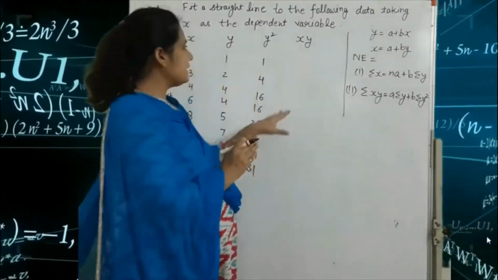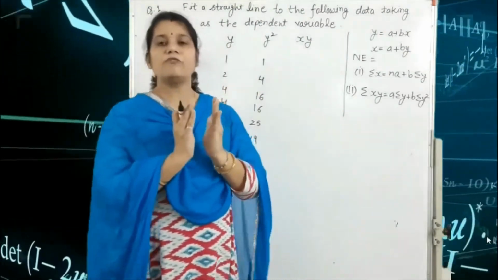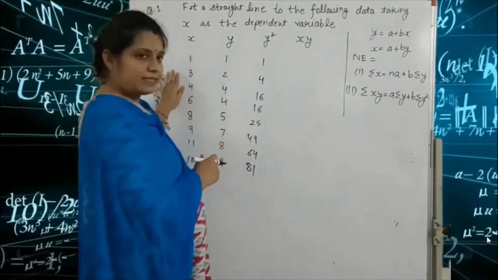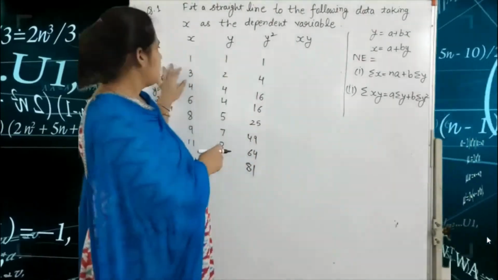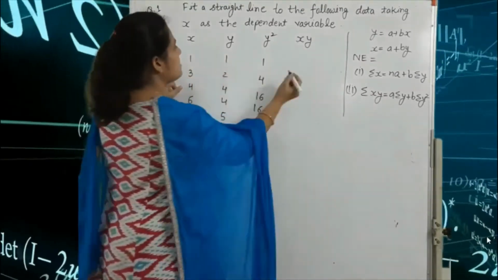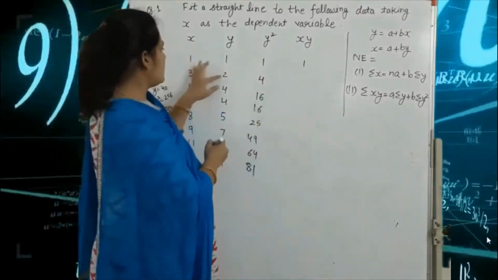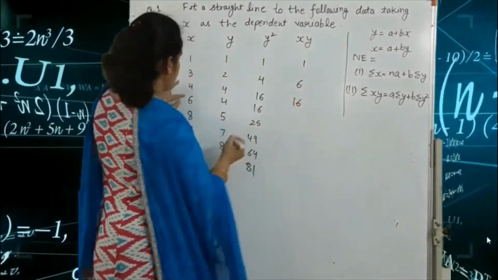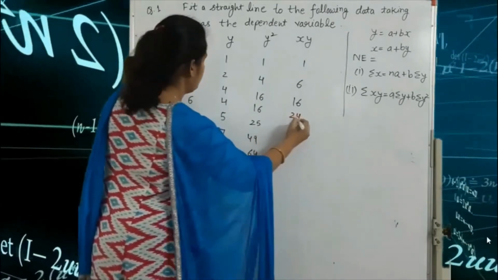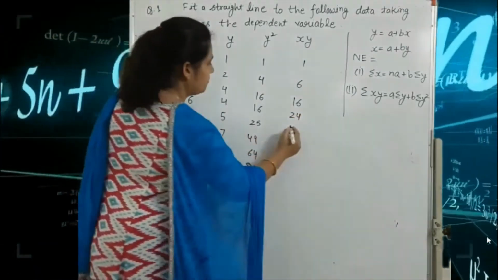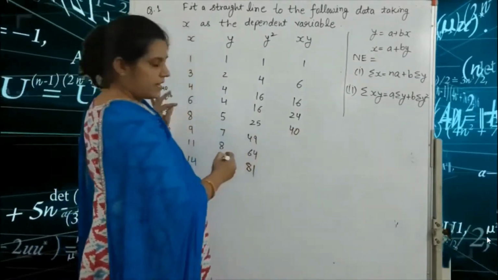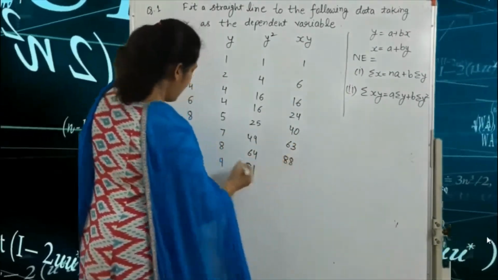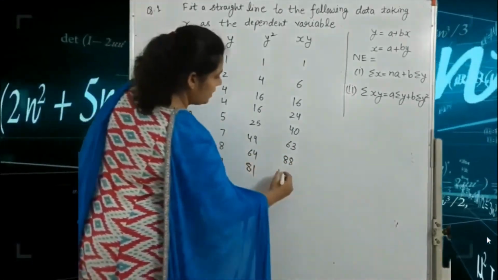Next we find the column of x into y. Here is the column of x and here is the column of y, so we multiply x into y. That means 1 into 1 is 1, 3 into 2 is 6, 4 into 4 is 16, 6 into 4 is 24, 8 into 5 is 40, 9 into 7 is 63, 11 into 8 is 88, and 14 into 9 is 126.